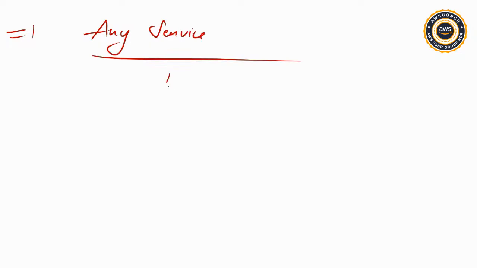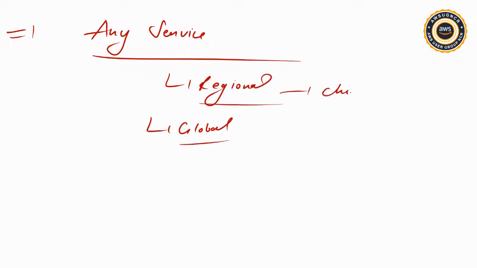Next thing which you have to keep in mind is, when you're talking about these keywords as a part of the global infrastructure, any service in AWS will either be a regional service or a global service. Regional means you need to choose a region first. Global means no need to choose a region.